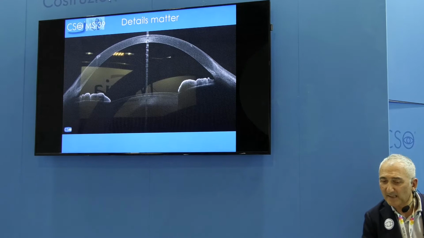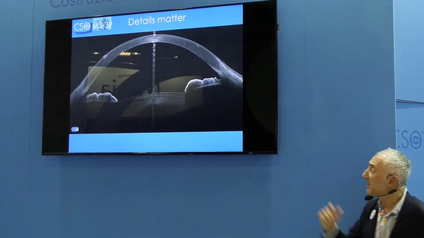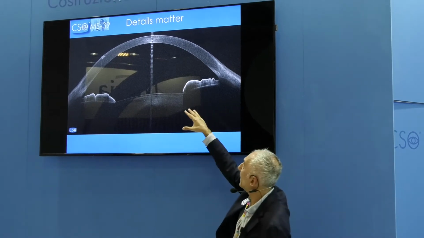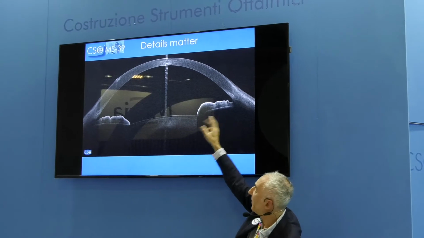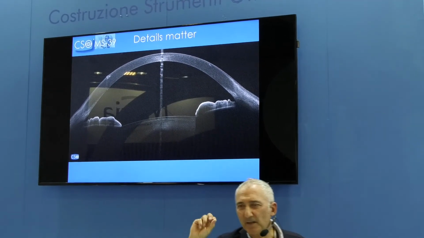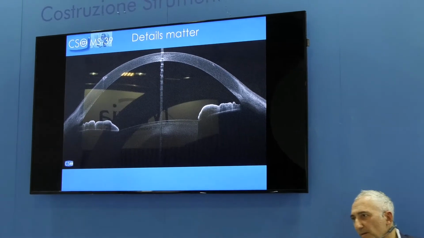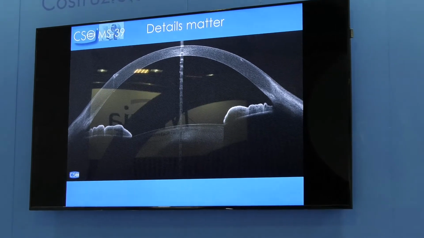This is after LASIK. The interface we cannot see. This is one of the margins of a flap, and there something is going on. Very, very small ingrowth, but it didn't go farther than that.